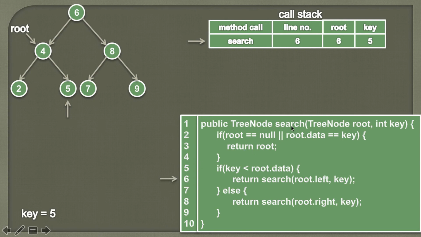And also friends, when we had left this search method, that time root was pointing to 6. Therefore now root will point to 6. And finally we'll return what we actually got from the previous search, which was nothing but the tree node having data as 5. So we'll simply return 5, and this search method will be removed from the call stack.